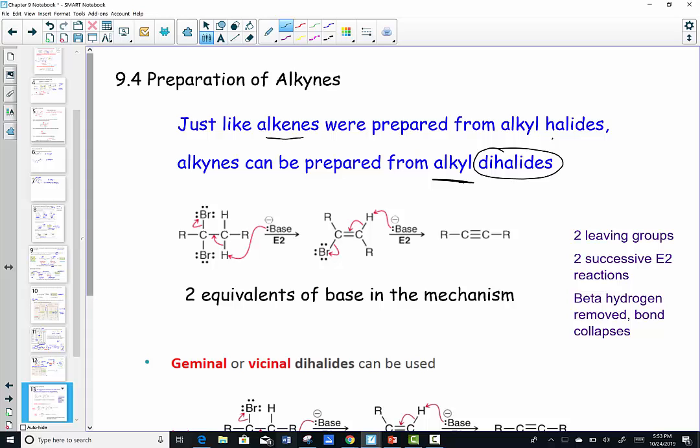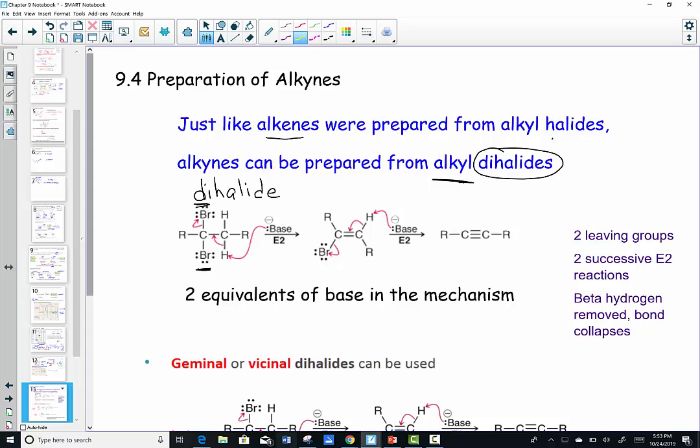So let's remember, here I have a carbon chain that has 2 bromines. So we would call this a dihalide. Notice that here is a bromine and here is a bromine.